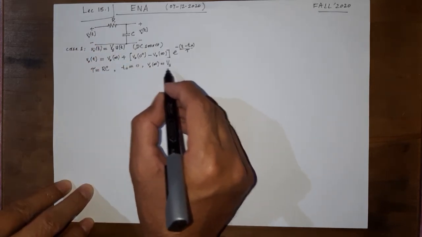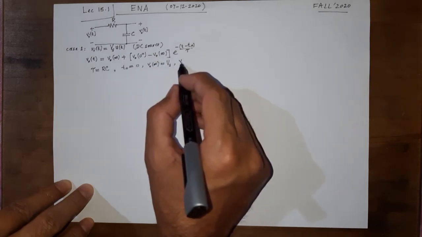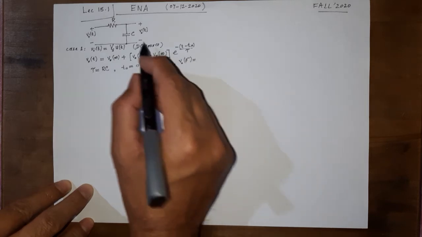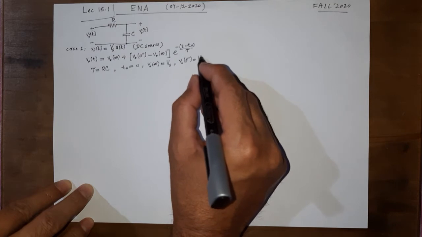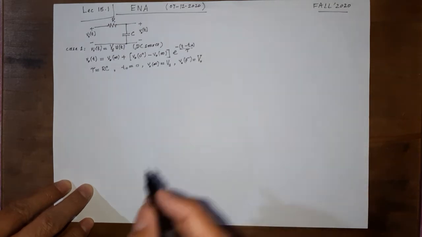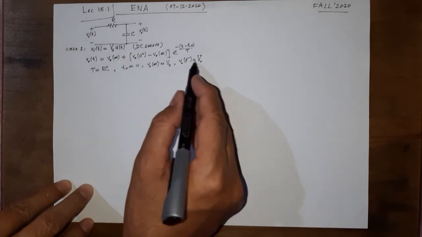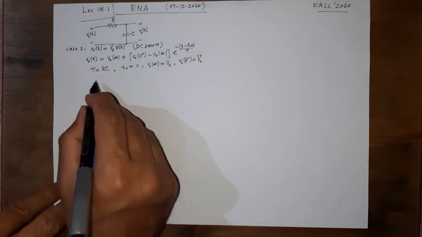So the final value would be Vs, and the initial value, let us assume that before switching the capacitor was initially charged, and suppose it has some value capital V0, V0 for the value of the output voltage at 0.